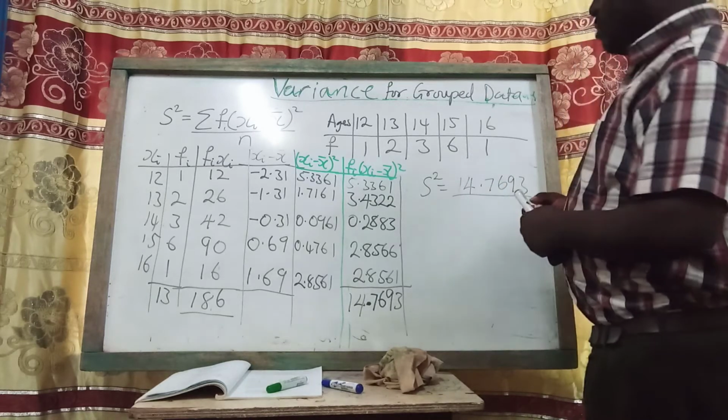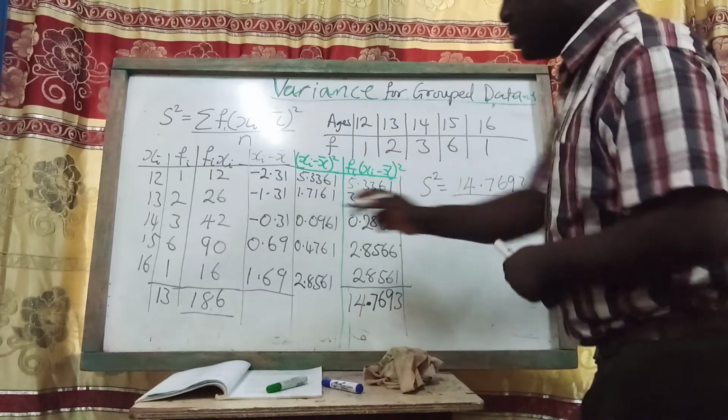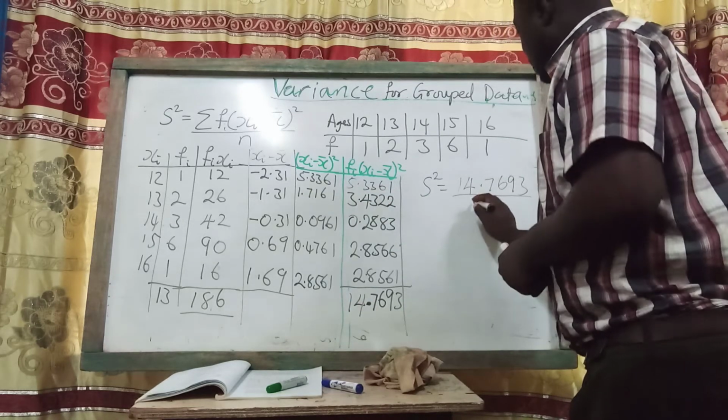And in that case, we are going to get the total frequency as what? 13. That is what we had, 13.